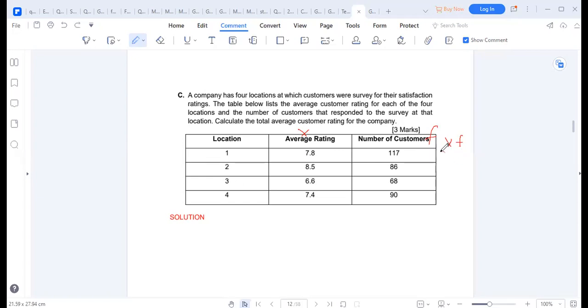Then 448.8. Then 666. And when you sum up, what we're finding is this column: we're multiplying column 1 times column 2.